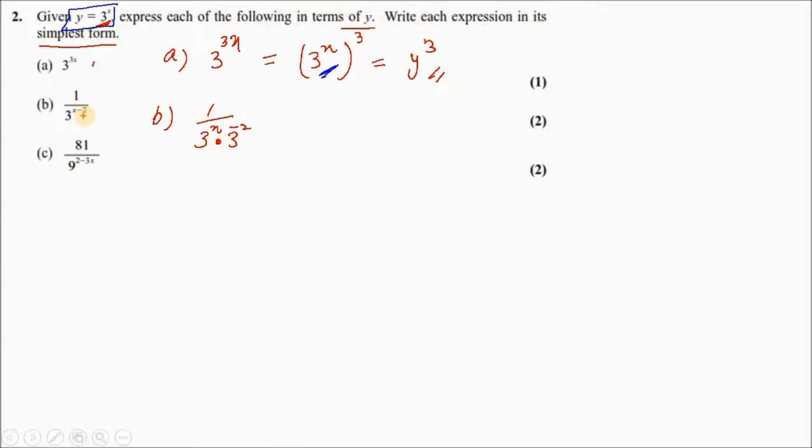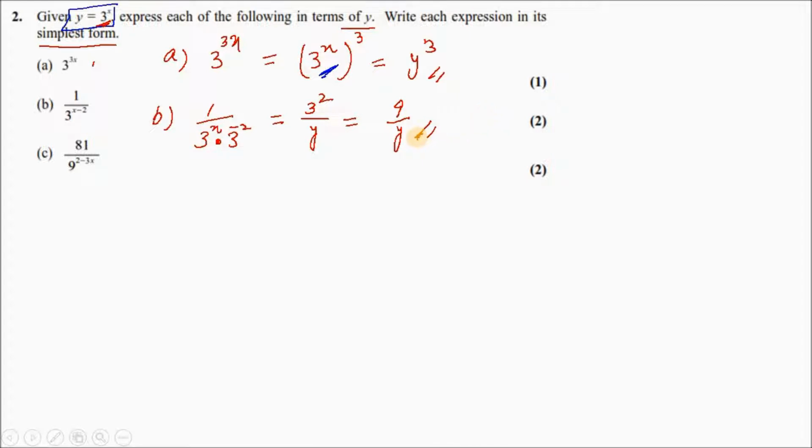I just separated the power on the base of 3. And then this 3 to the power minus 2 can go up. It will become 3 square divided by 3 to the power x, and this 3 to the power x is y. And now finally 3 square is 9, so 9 upon y. This is the second expression in terms of y.